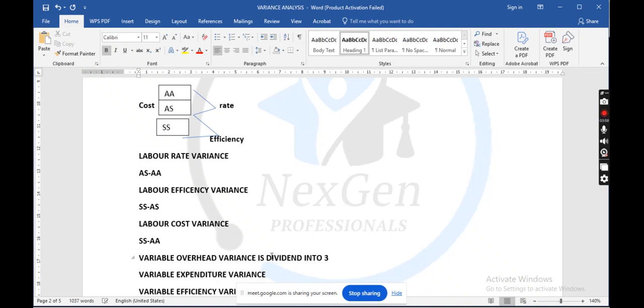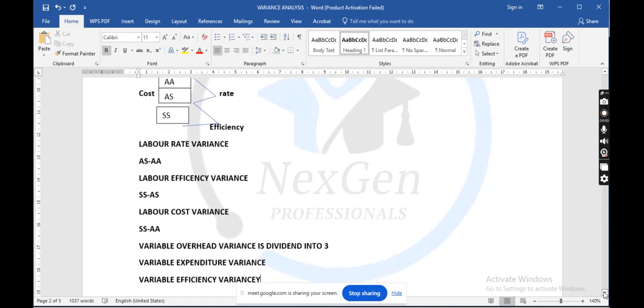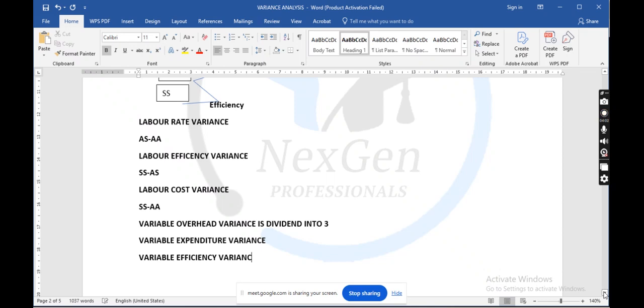Class, if I were you, what I will just do is that, oh, this is expenditure. I will just open bracket. This will be rate, the way you calculate the labor, right? Quickly equate this expenditure to rate. Then this will be efficiency, which is labor, which is hour, right?